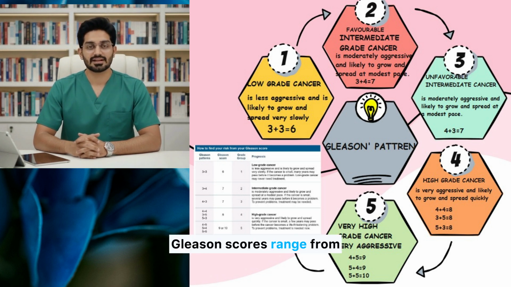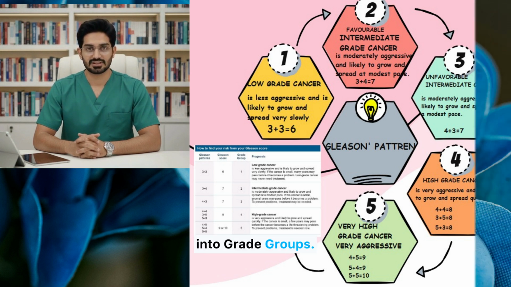Gleason scores range from 6 to 10, where 6 is the lowest score. A Gleason score of 7 is intermediate grade and 8 to 10 is high grade. This can be confusing because 6 seems like it would be a medium score, not a low score. So to make Gleason scores simpler to use, they can be organized into grade groups.